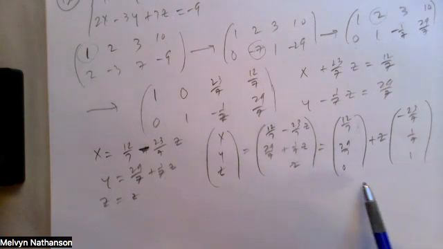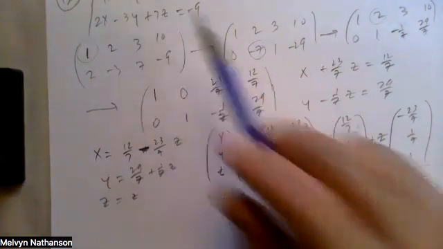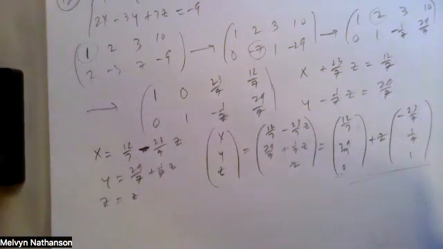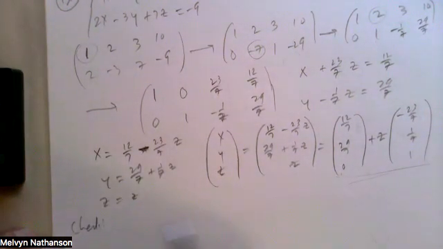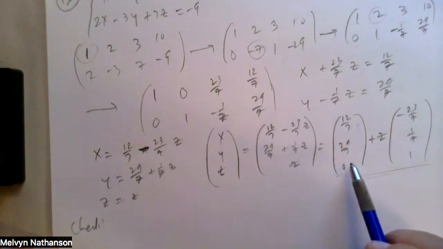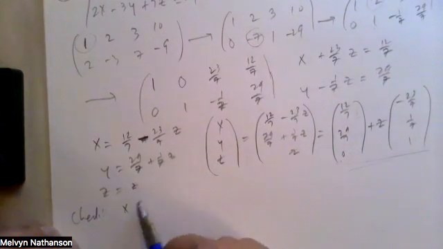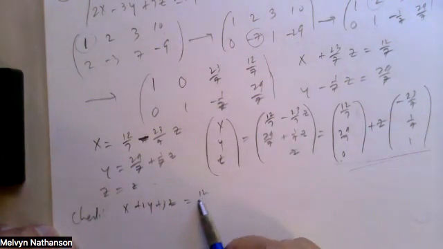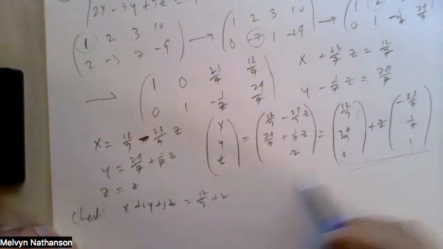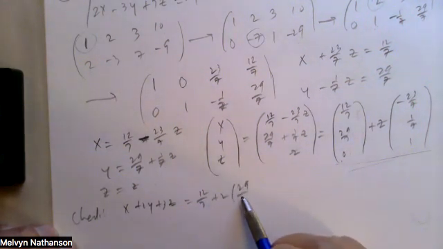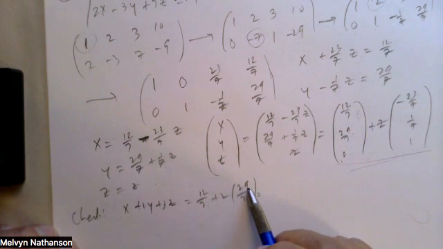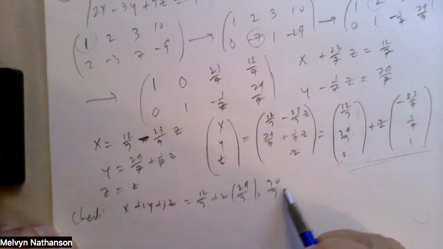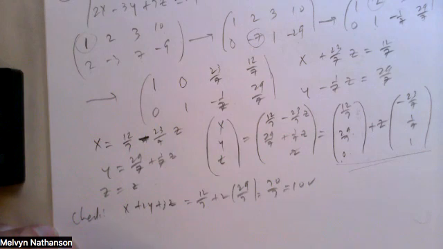So if this is correct, this is a particular solution to these equations, and this is the general solution. Let's just check. What happens if I plug these numbers into the equations? x plus 2y plus 3z is 12 over 7 plus 2 times 29 over 7. This is 58. This is 70 over 7. That's 10, so that checks.